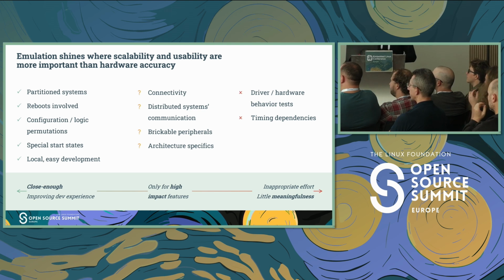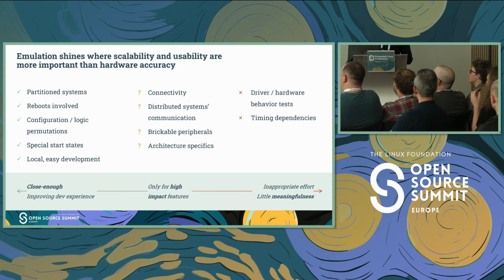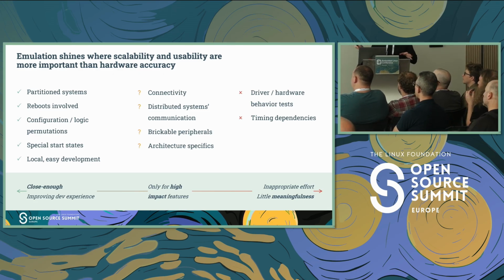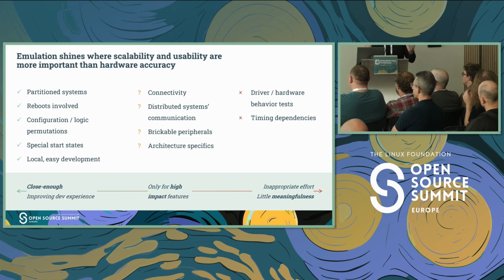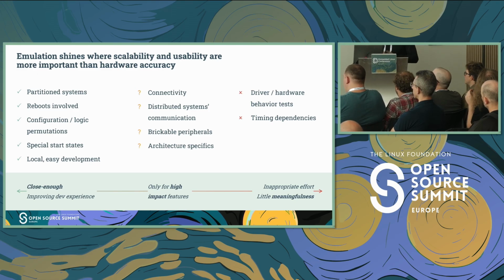What I would still like to emphasize here is this thing that I call high impact features. So it might still make sense for certain features, such as software updates, I would say, even if they impose some extra effort in the integration, that might be usable or feasible for emulation, because you extend the breadth of your testing and can more easily scale out on that.